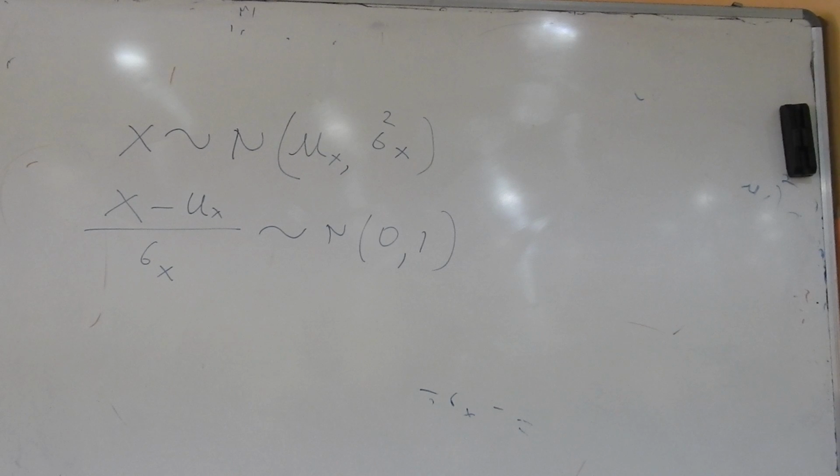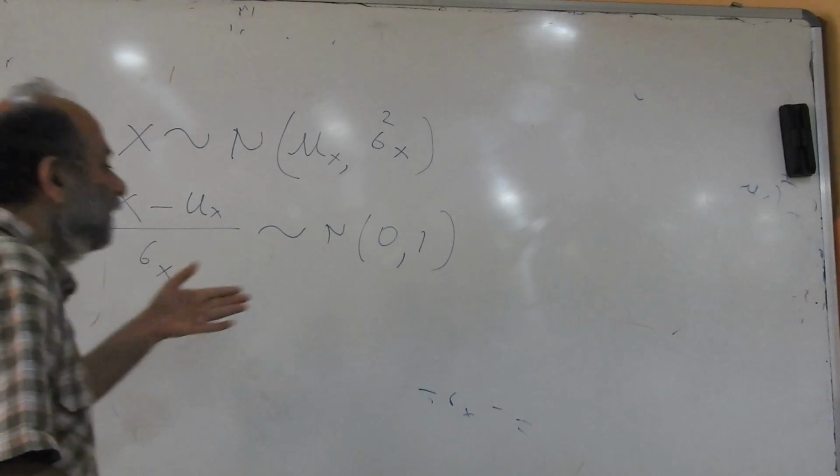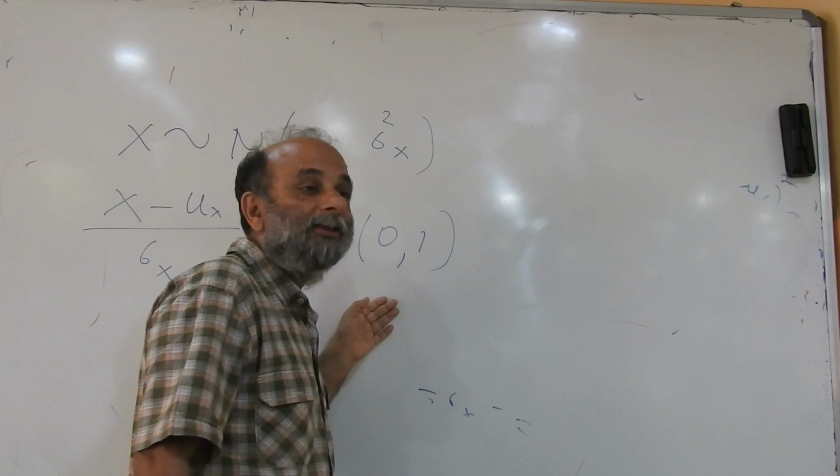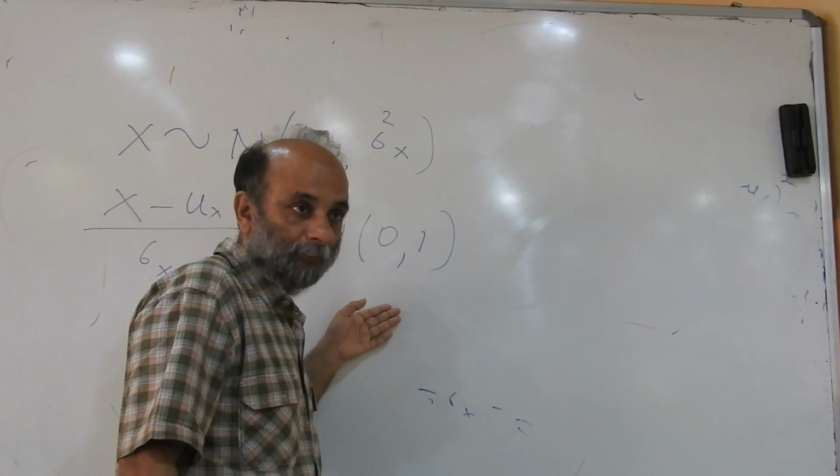And this distribution has a name. It is called a standard normal distribution.